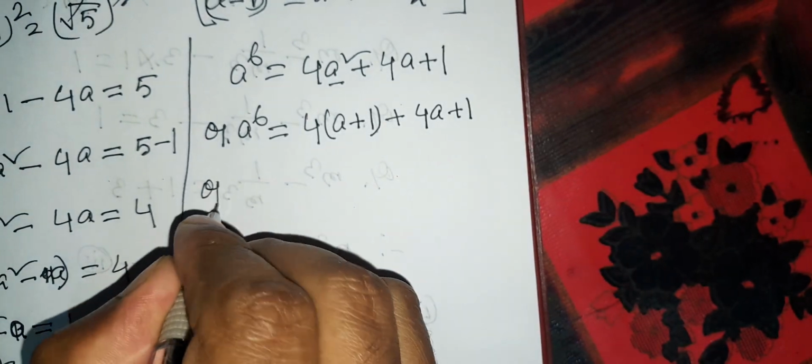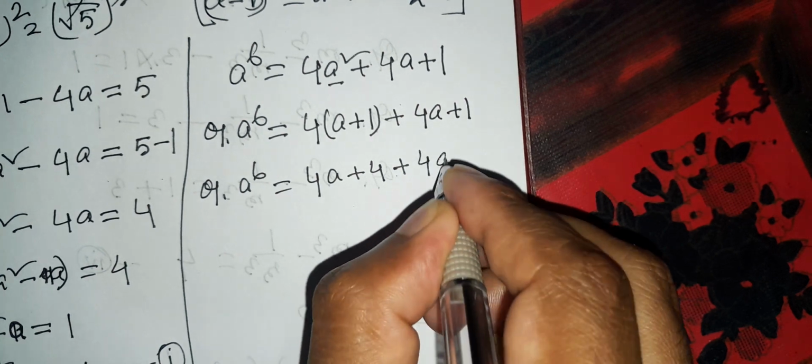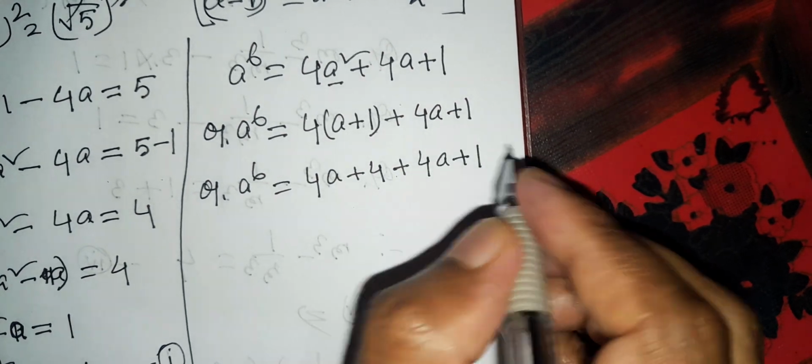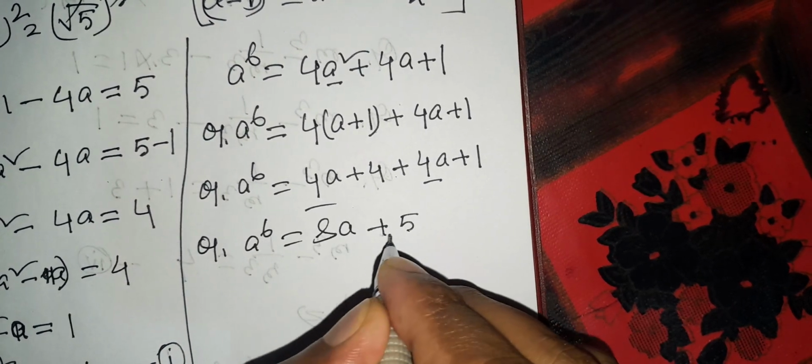Here we use from equation number 1 a square equal to a plus 1. A to the power 6 is equal to 4 into (a plus 1) plus 4a plus 1. Now a to the power 6 is equal to 4a plus 4 plus 4a plus 1. We can write 4a and 4a is equal to 8a. A to the power 6 is equal to 8a plus 5.